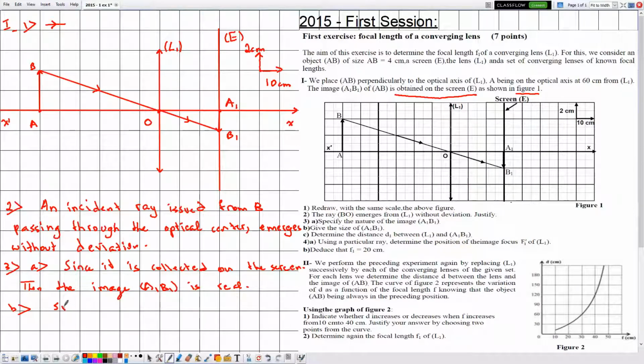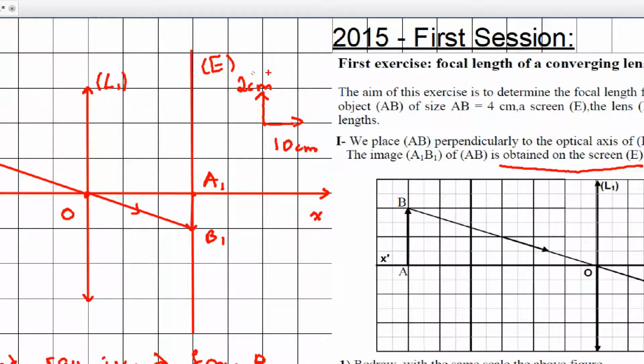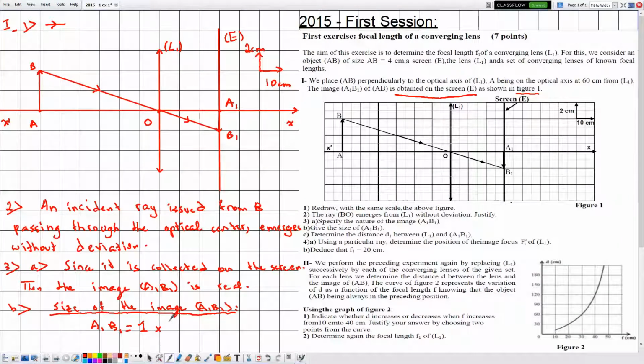Then let's write size of the image A1B1. Now A1B1 consists of one division, and we multiply by the scale along which we have counted the number of divisions, which is the scale along the y-axis, and this will give me 2. Since the scale is in centimeters, then the value of A1B1 is in centimeters.